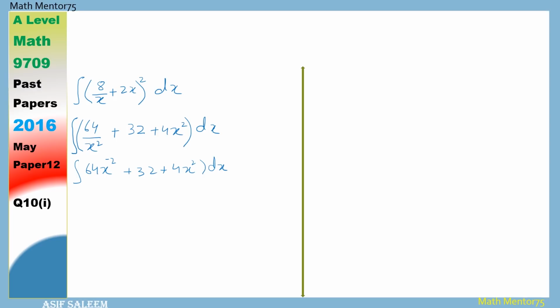That would be 64x raised to the power minus 1 over minus 1 plus 32x plus 4x cube over 3. After simplification we have minus 64 over x plus 32x plus 4x cube over 3 plus c.